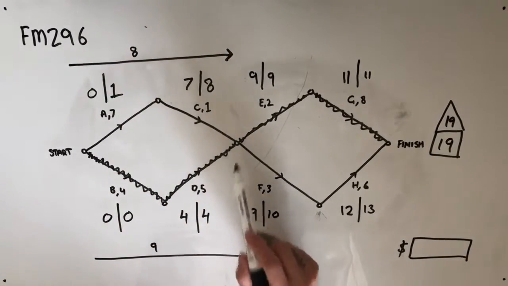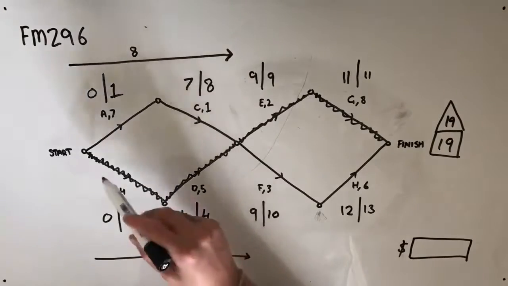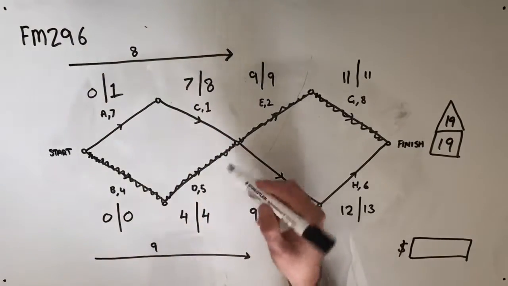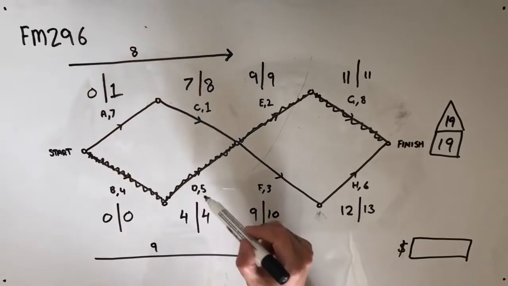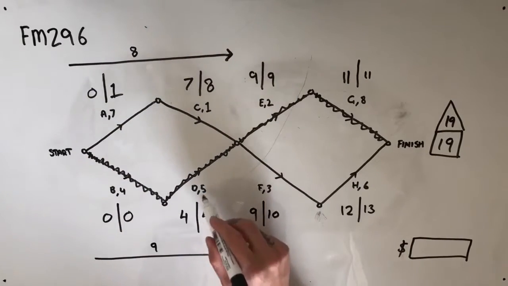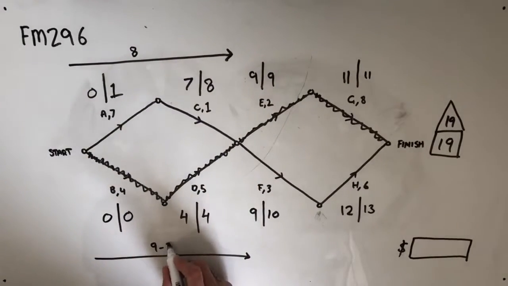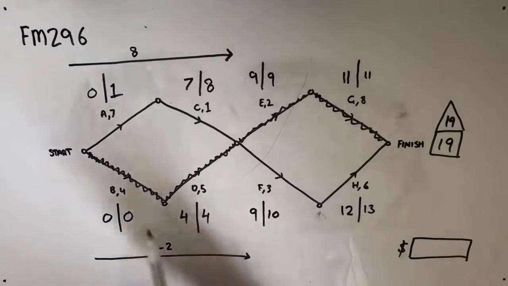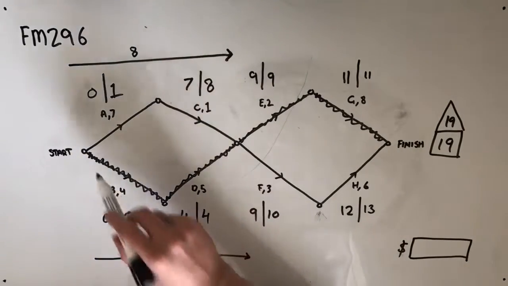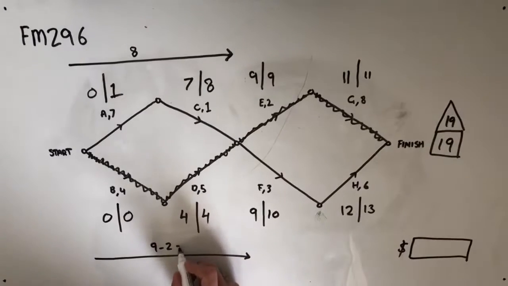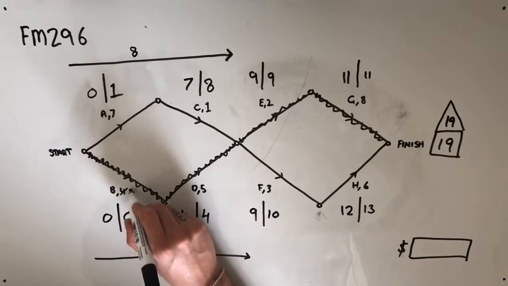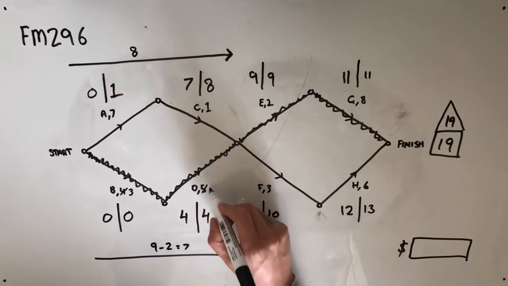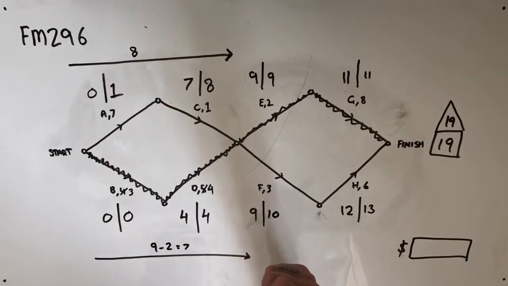I can reduce each of these paths, so B and D or A and C, by a maximum of 2 days. So that would involve minusing 1 from B and minusing 1 from D, which would minus this by 2 days. So creating the maximum reduction I can in the longest path, I can get a shortest time of 7 by reducing B by 1 day and reducing D by 1 day.